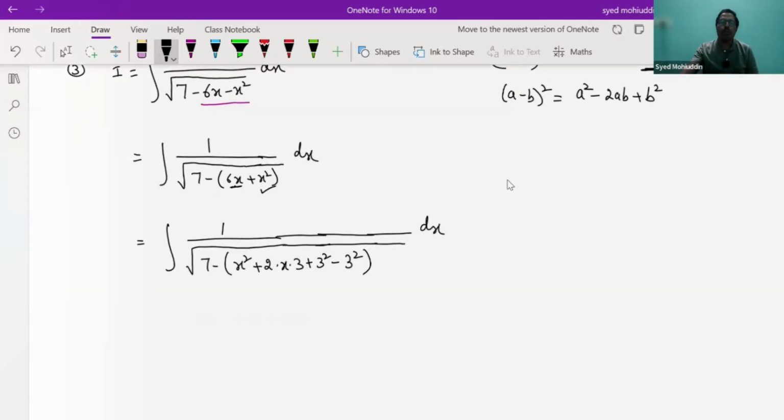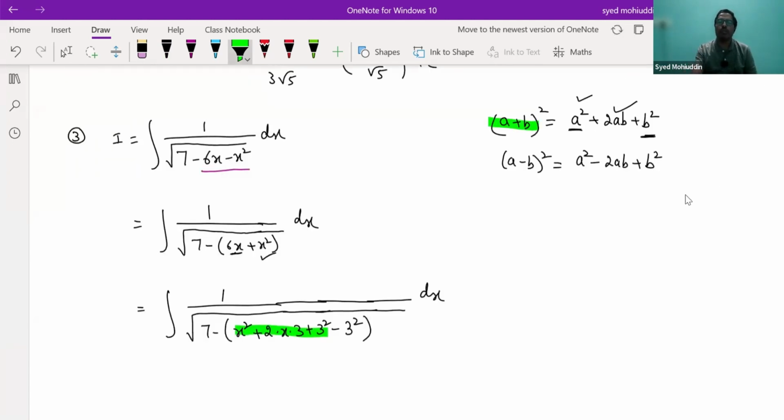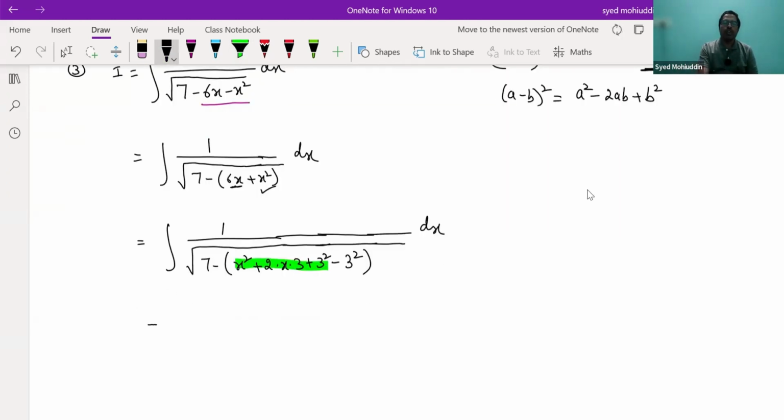Now if I try to group it, a² + 2ab + b² will give us (a + b)². So let us use that one. I'll be getting this value equal to the integral of 1 by under root 7 minus, this in the form of (a + b)². The a value is x, the b value is 3, so (x + 3)², and this minus 3², that is 9, will be as it is, times dx.